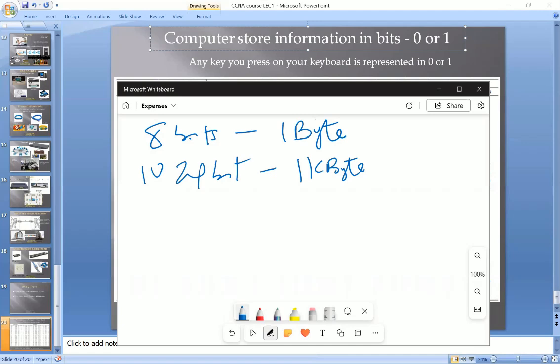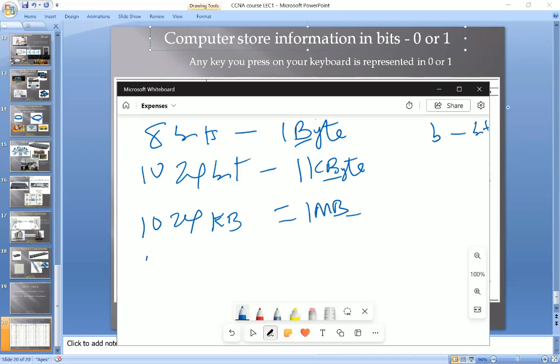Then 1024 kilobytes equal 1 megabyte. Okay, bytes are represented with capital B. When you see a small letter b, it means bits.